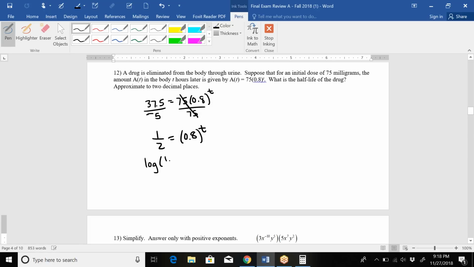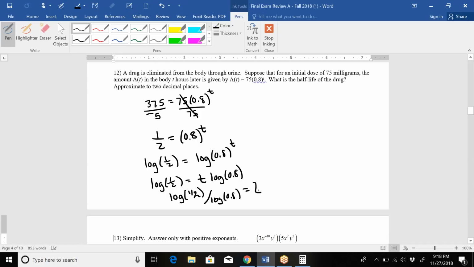So log of 1/2 equals log of 0.8 to the t. We can bring that t to the front using our power rule for logs, and we're going to divide log of 1/2 by the log of the 0.8, and that will give me my t.